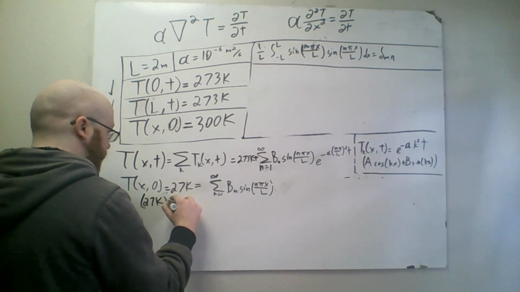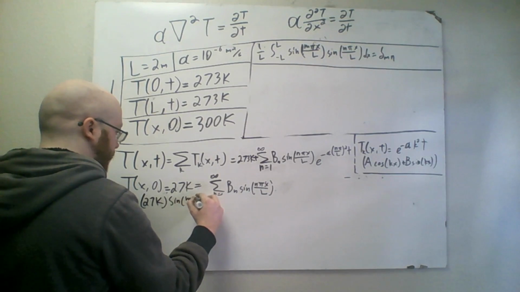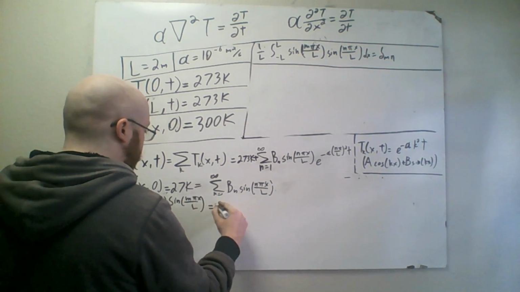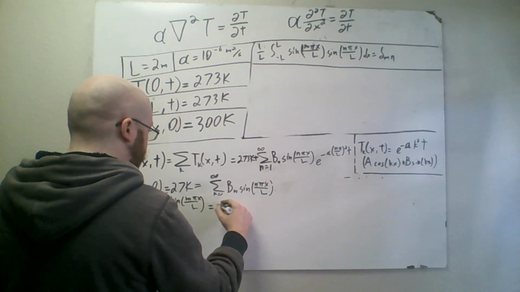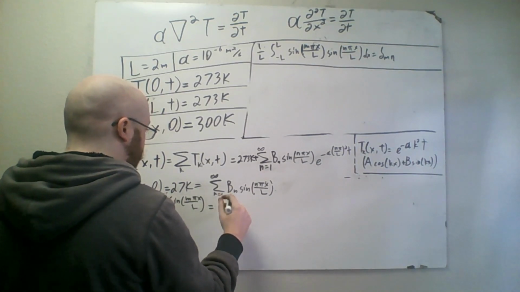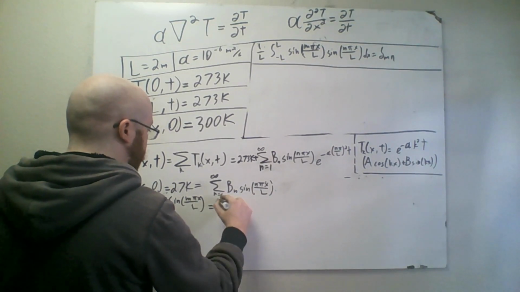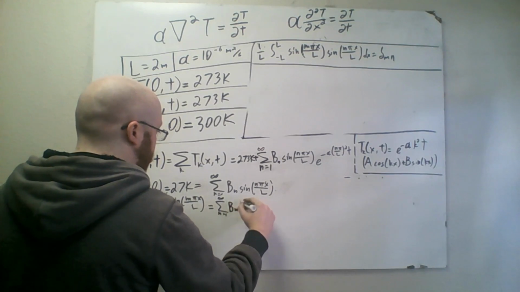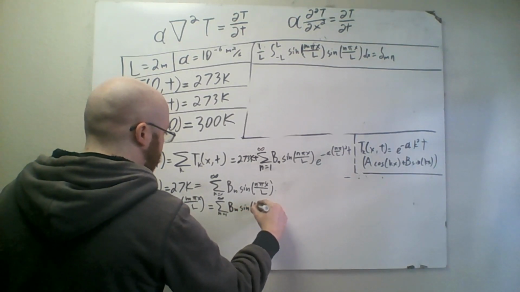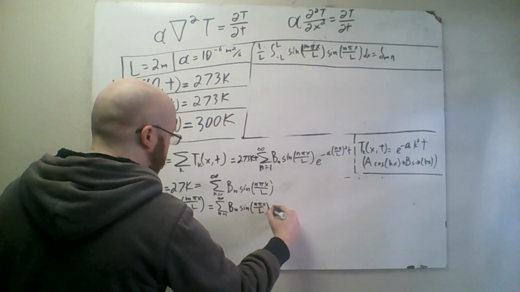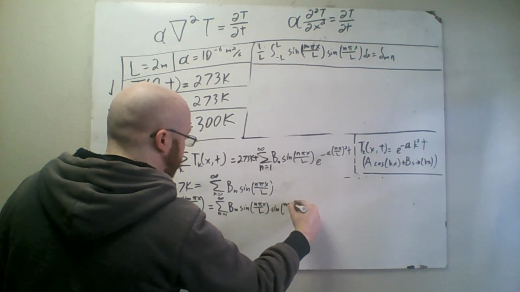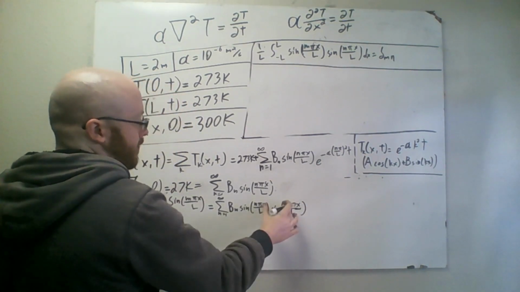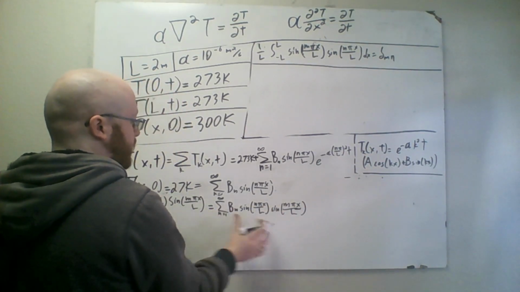So we get 273 Kelvin times sine m pi x over L, right, equals, and I'm glossing over a few details, like technically these need sines and cosines, but once again, I already have that. b_n sine n pi x over L sine m pi x over L. So real quick, this is a constant with respect to this, so you could pull it out of the sum.